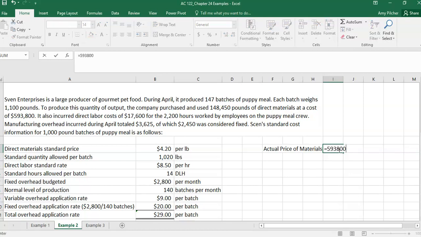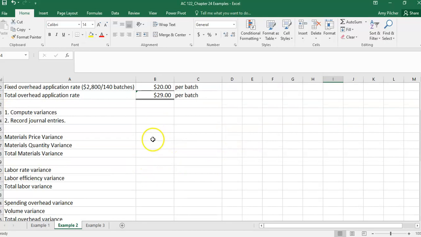$593,800. If we divide that amount by the materials used, 148,450, we get a price of $4. So for our materials price variance, we'll take that 148,450 pounds times the difference between what our standard rate was and what we actually paid.